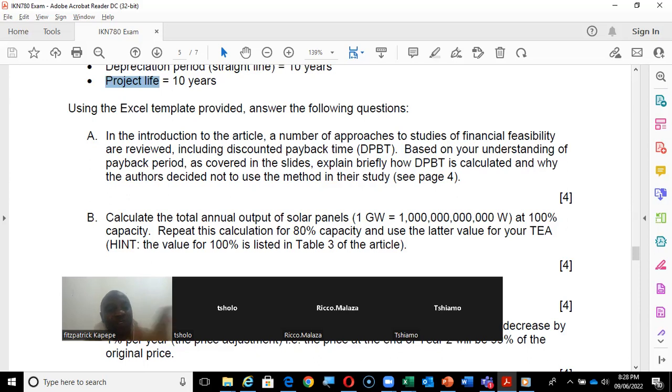So you look at your cash flows and your investment, then you start accumulating. At the point where you won't have a negative, that's the point at which you have met your full payback period.